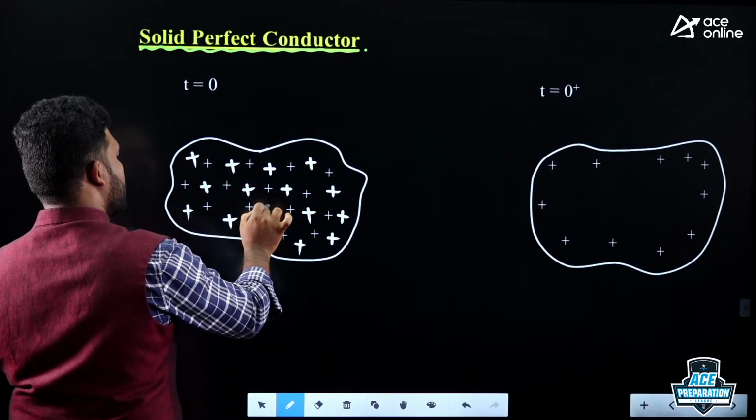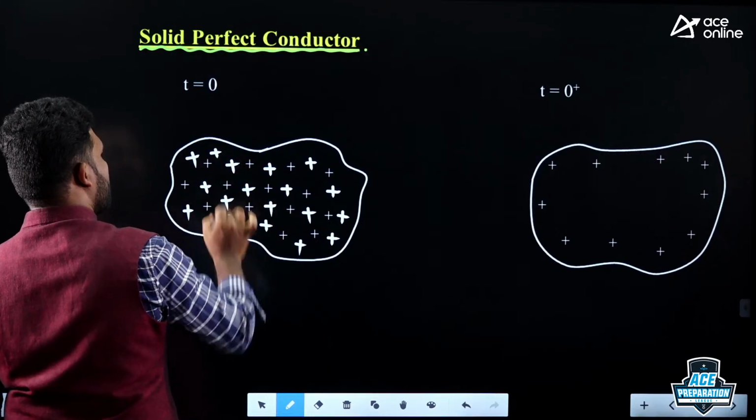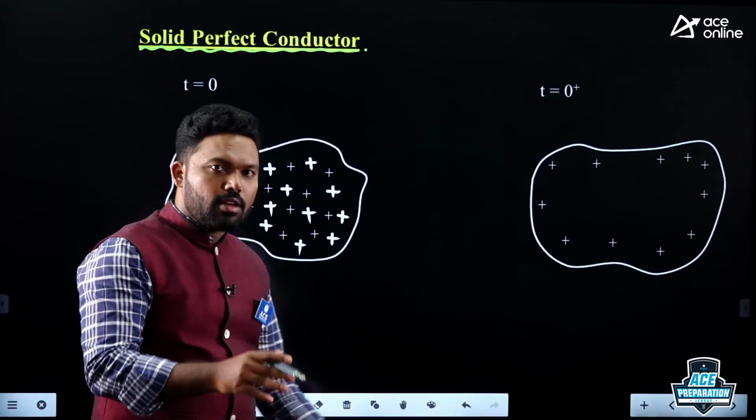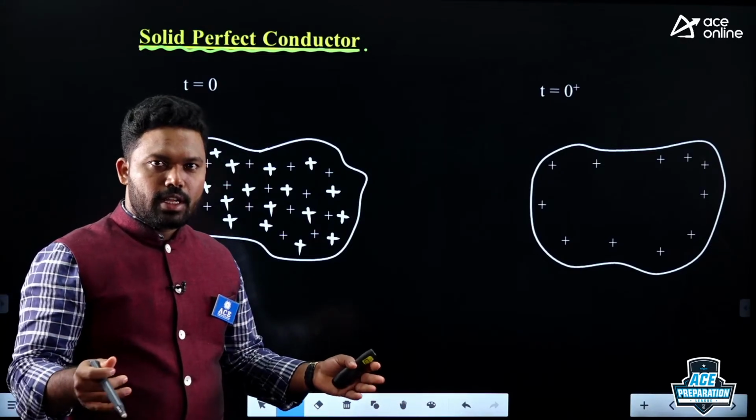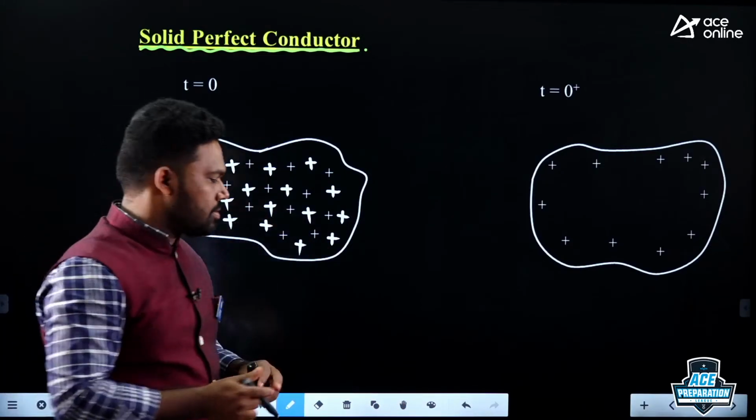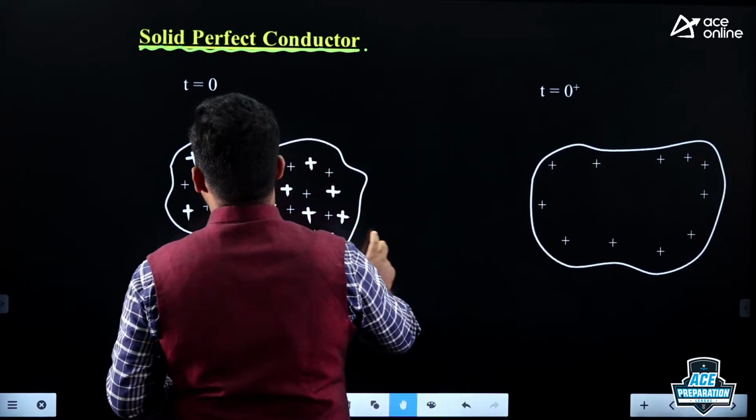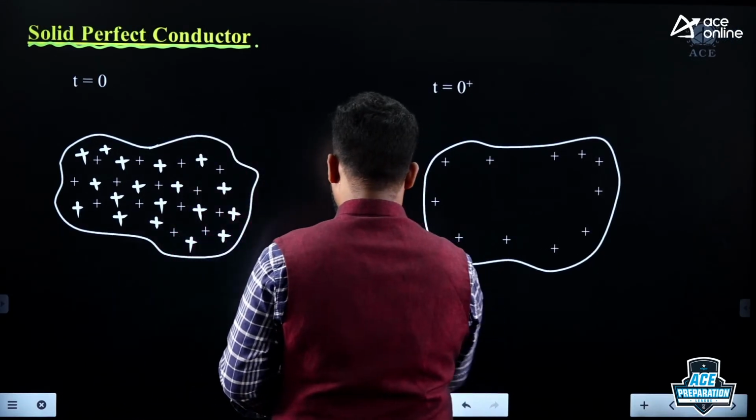As soon as you place the charges on the conductor, what happens? The charges are free inside the conductor, they will repel each other and they will come and sit on the surface of the conductor like this.